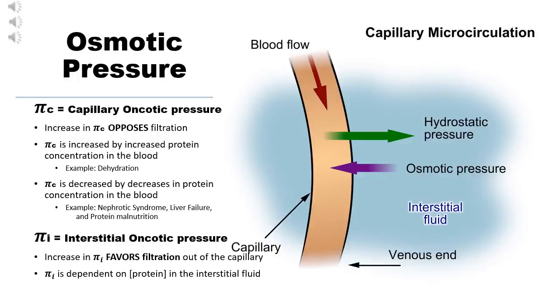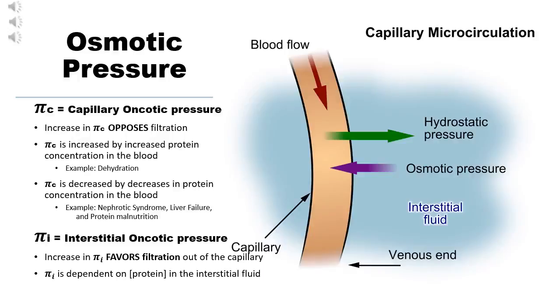I can't think of anything else off the top of my head, but the dehydration concept works because we are literally having less fluid in the blood, so as a consequence, if we have less solution, there's going to be an increased concentration of proteins, because the amount of protein is actually unchanged.